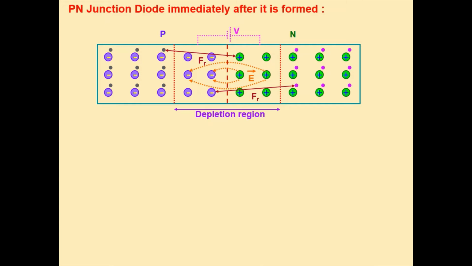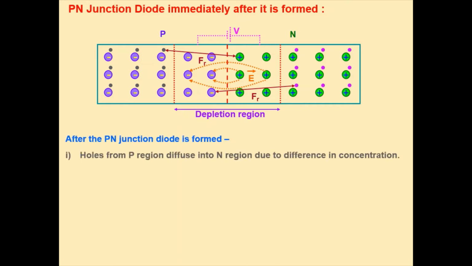On the n side we have positive ions, on the p side we have negative ions. So we can understand it by assuming that the n side of the junction is connected to the positive terminal of the battery and the p side is connected to the negative terminal of the battery.